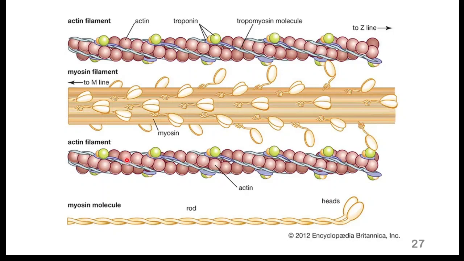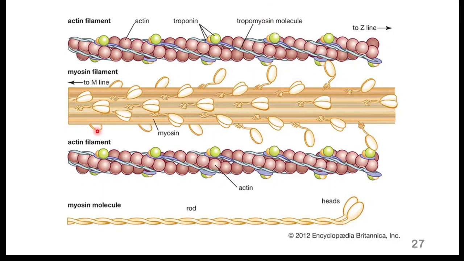Now this illustration shows what we are talking about. You can see that what we call the actin filament, or the thin filament, does not compose of only the protein actin. There are some other proteins, right? We can see the tropomyosin illustrated there. You can also see troponin.